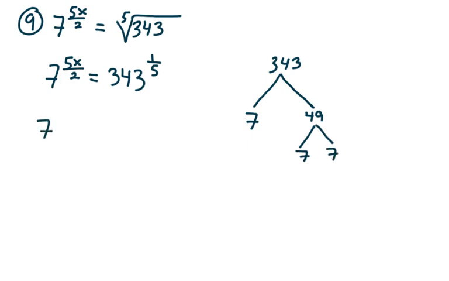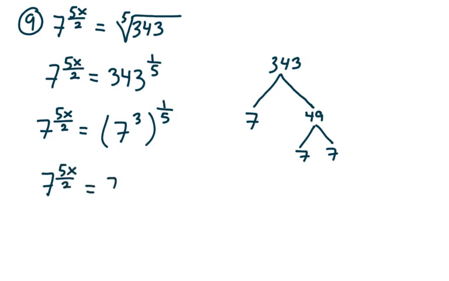So I'm going to get 7^(5x/2) on the left side. On the right side, I'm going to get 7^3, and I'm going to raise that to the 1/5 power. So that is 7^(3/5), because that's what 3 times 1/5 is. Now, the exponents match, right?